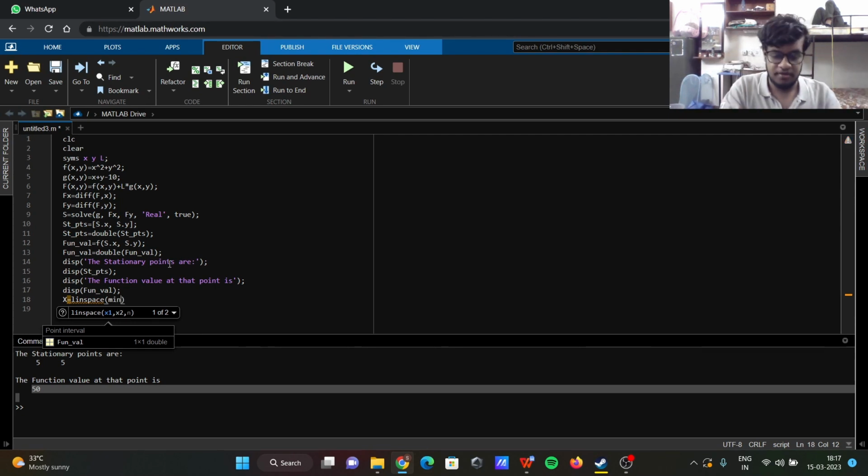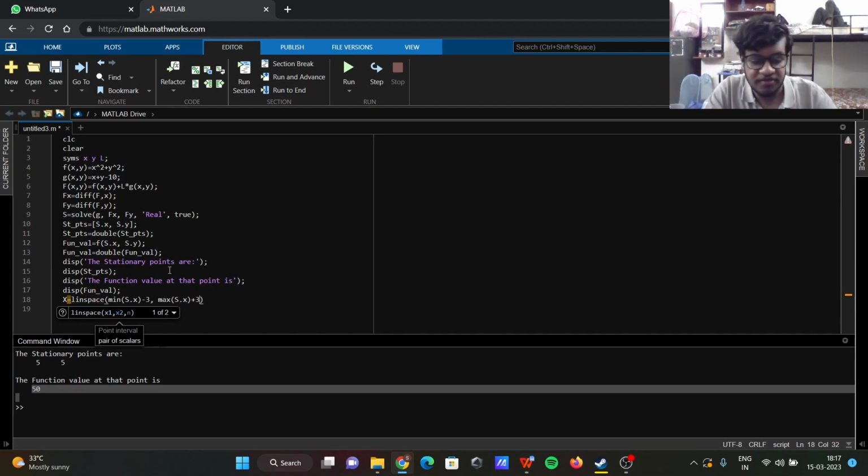So min, and I'll explain what this min is. This min of s.x means the minimum value of s.x, the lowest possible value of s.x for this s equals solve to be valid. Now max of s.x means the maximum value possible, plus 3.